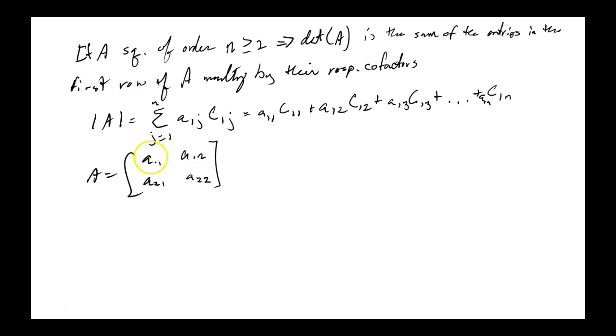it just isn't even worth writing almost. You do a_11 times the cofactor of a_11, which would be a_22, because when you wipe out the first row and first column, that's all that's left.